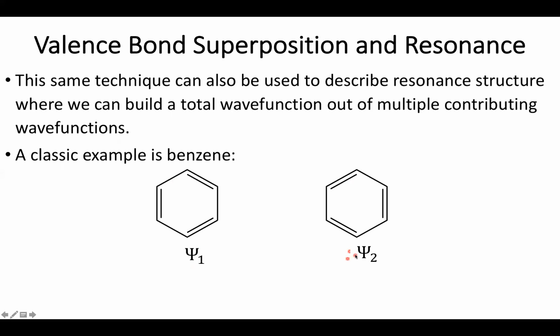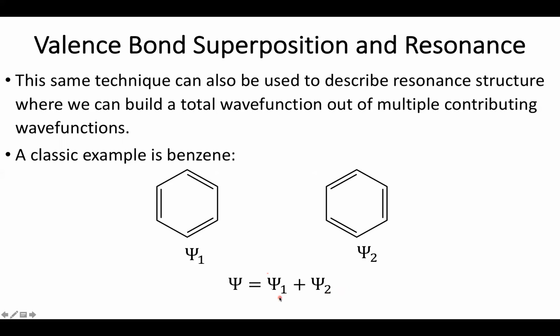Now, it turns out that neither one of these is the true wave function. The true wave function is an even combination of both of them. So half the time I'm in psi1, half the time I'm in psi2. This is the idea we brought up in general chemistry. But the real rub that quantum mechanics gives us is that I'm half of each one of these all the time and simultaneously, because quantum mechanics is great.